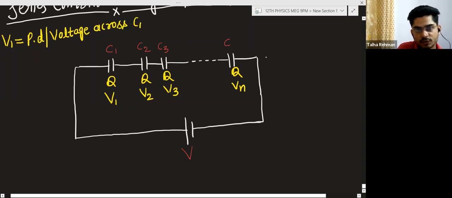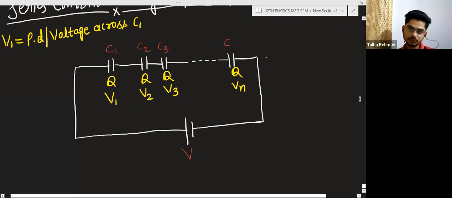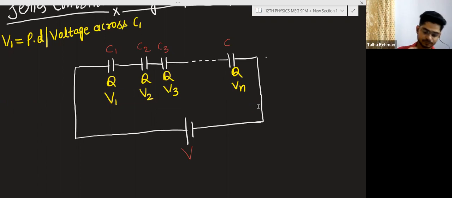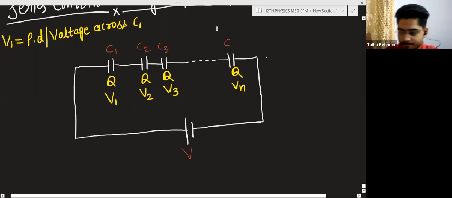Accordingly, you can write V2, V3, V4 and so on. So this is a network of series combination of capacitors.